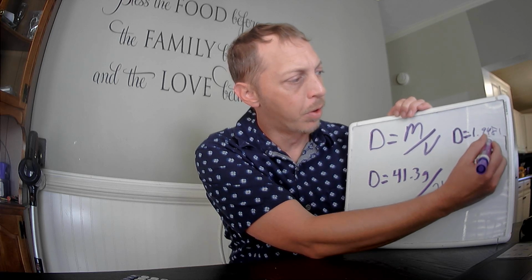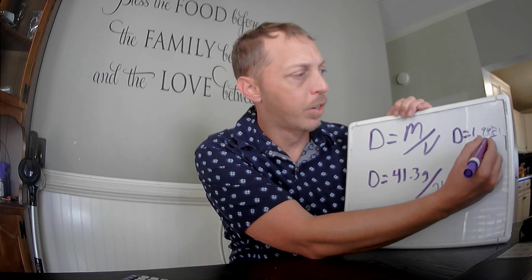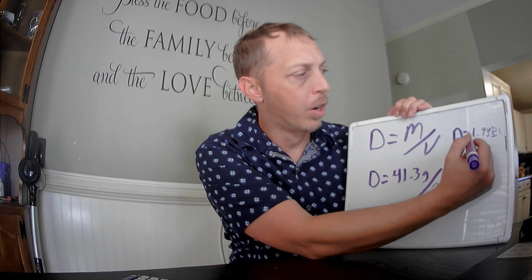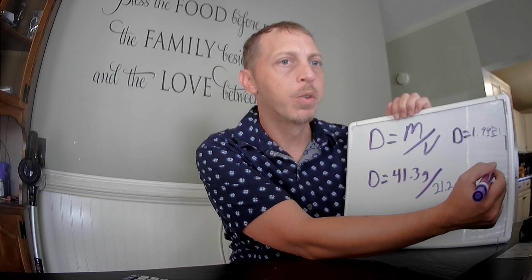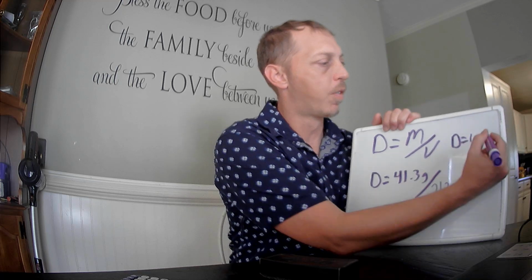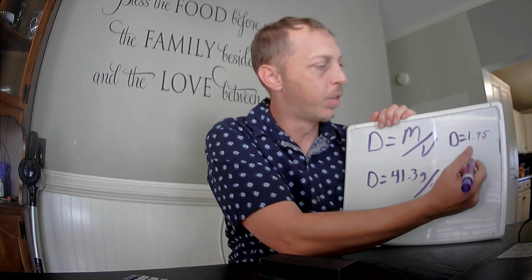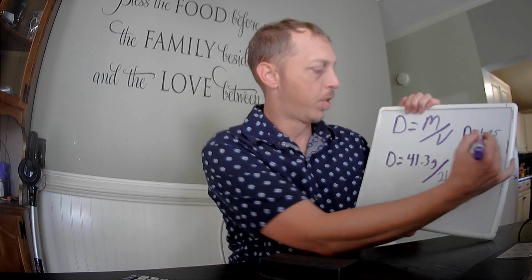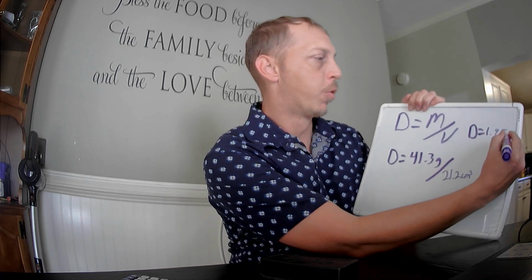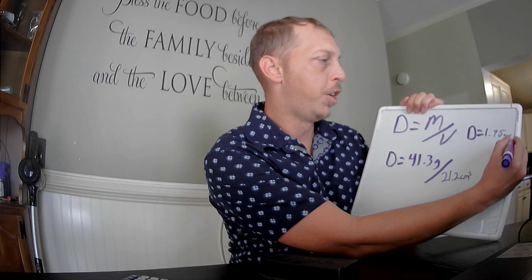I'm going to have to go to the 3. What I'm going to do is round this 8 to this 4 right here, which means my density is going to change to 1.95. Density equals 1.95, and it's going to end up being grams per centimeter cubed.